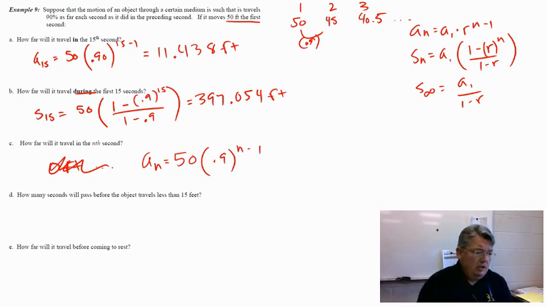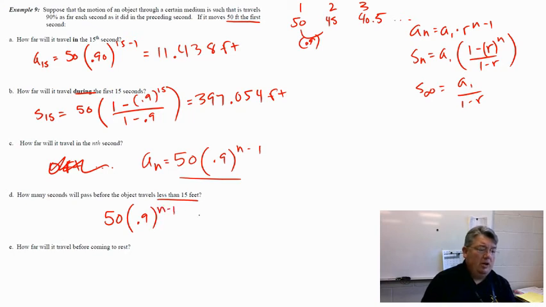Okay, so here, let's think about this. How many seconds will pass before the object travels less than 15 feet? Well, if this is the distance that it travels in the nth second, I want to know when 50 times 0.9 to the power of n minus 1 is less than 15.